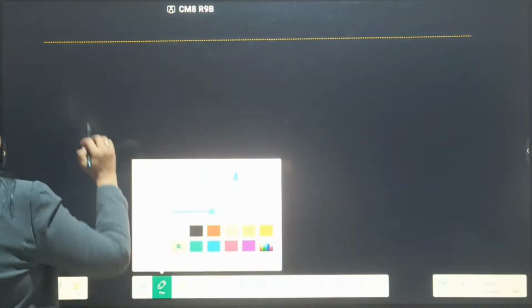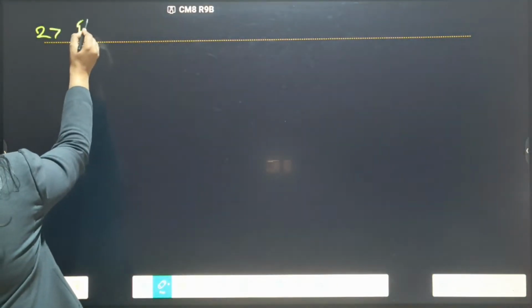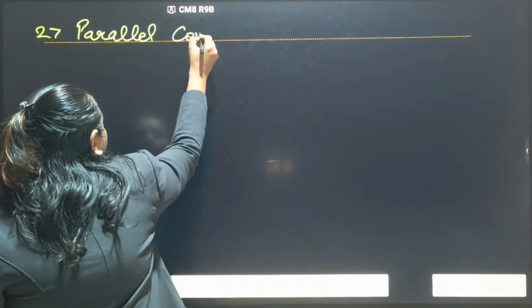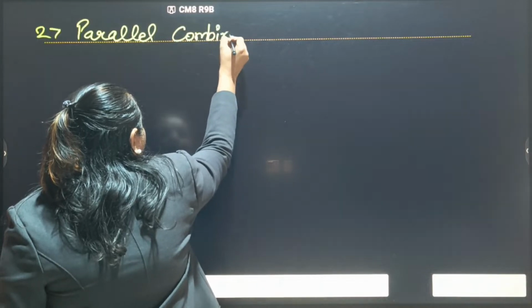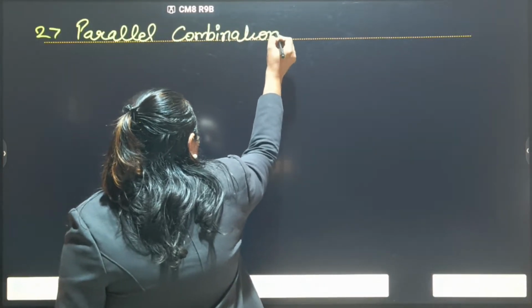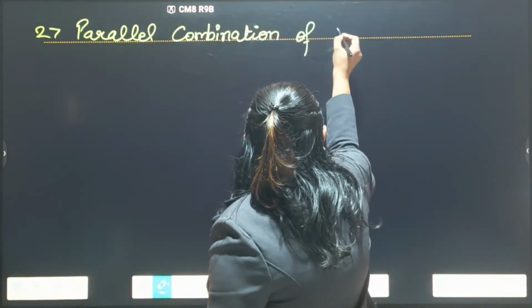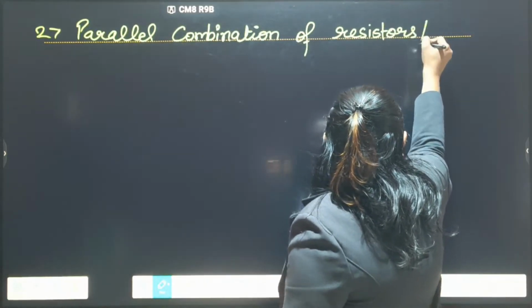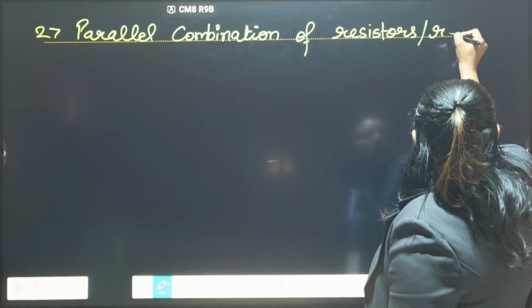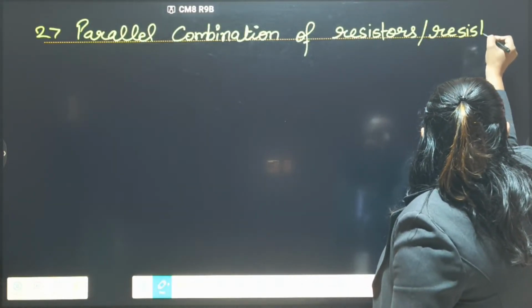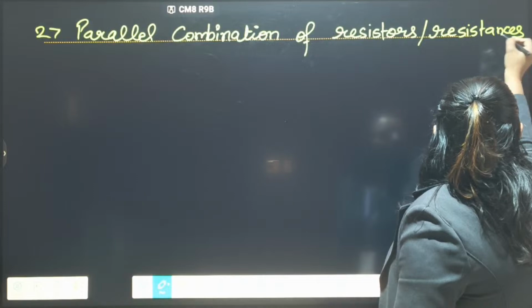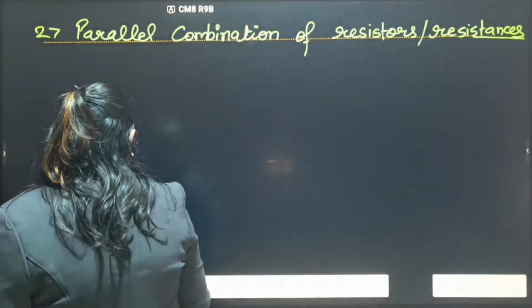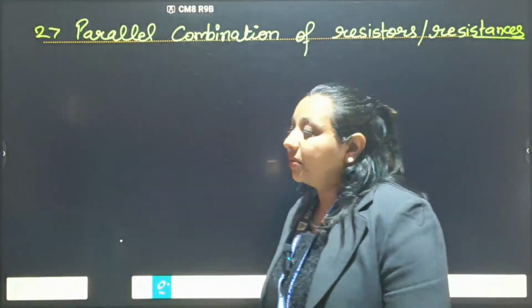So second we have the parallel combination of resistors or the resistances. So what is a parallel combination?